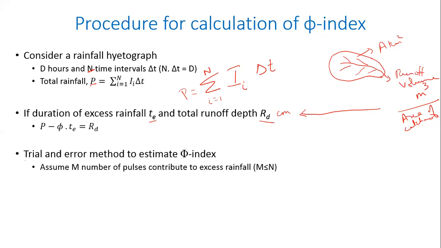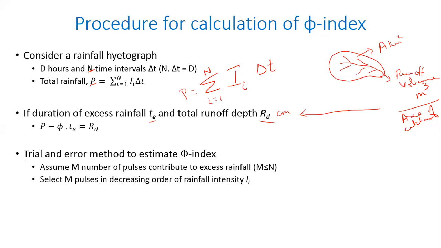Then out of all the time intervals, I will select m number of pulses in decreasing order of rainfall intensity. Out of those n pulses, I will select the top m pulses.